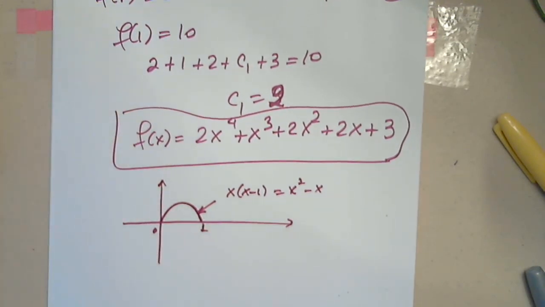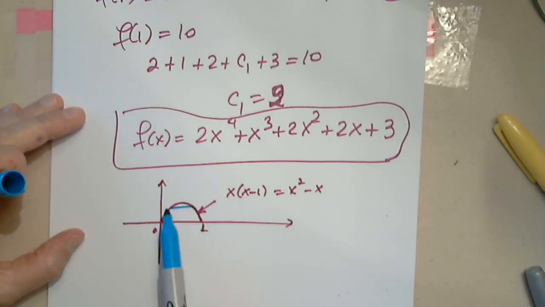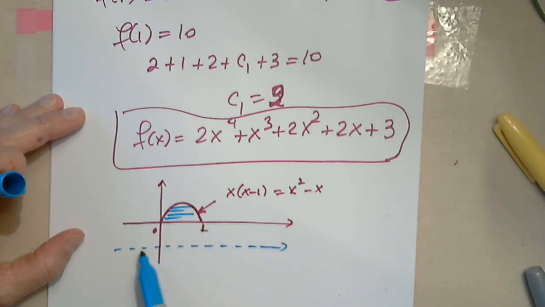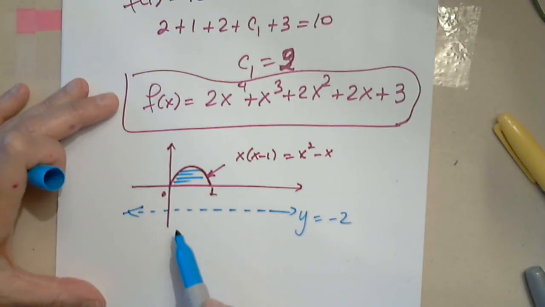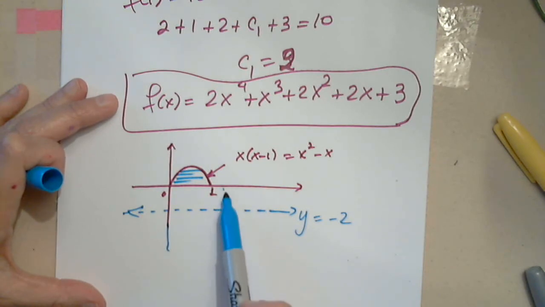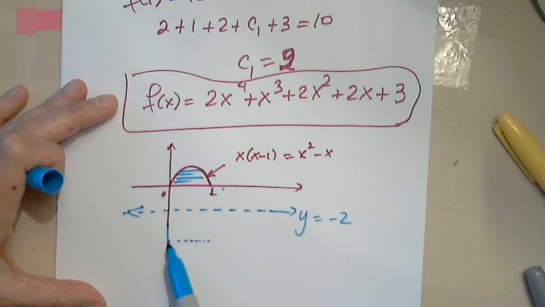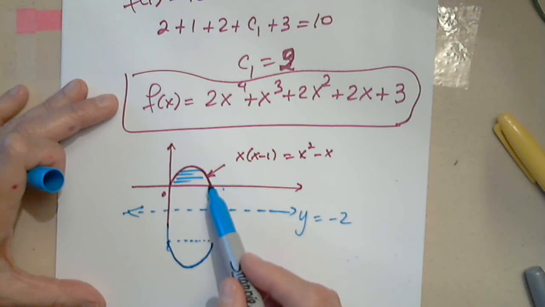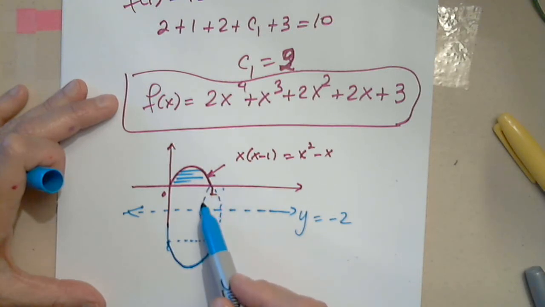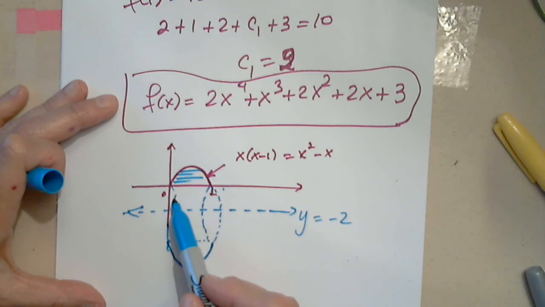And let's suppose I want to rotate this piece around this line, let's say -2. So this is a distance of 2. I'm rotating this piece around this axis.